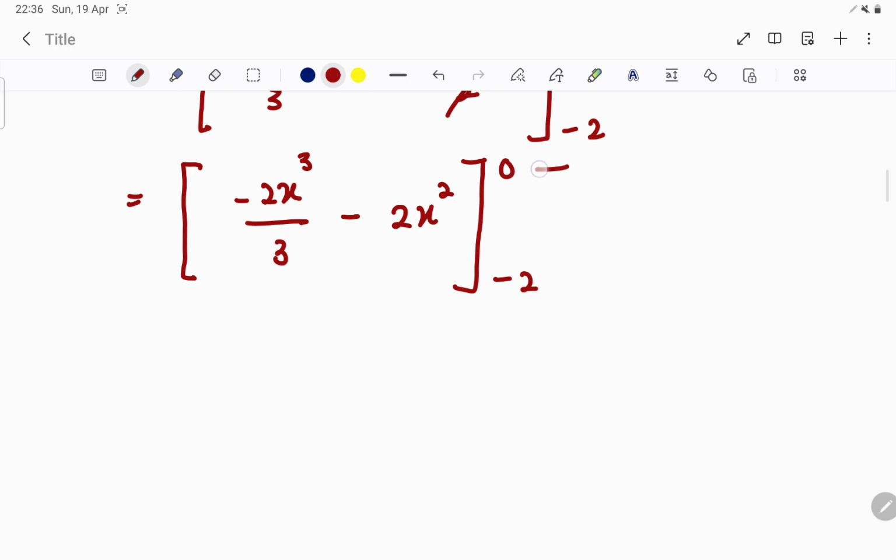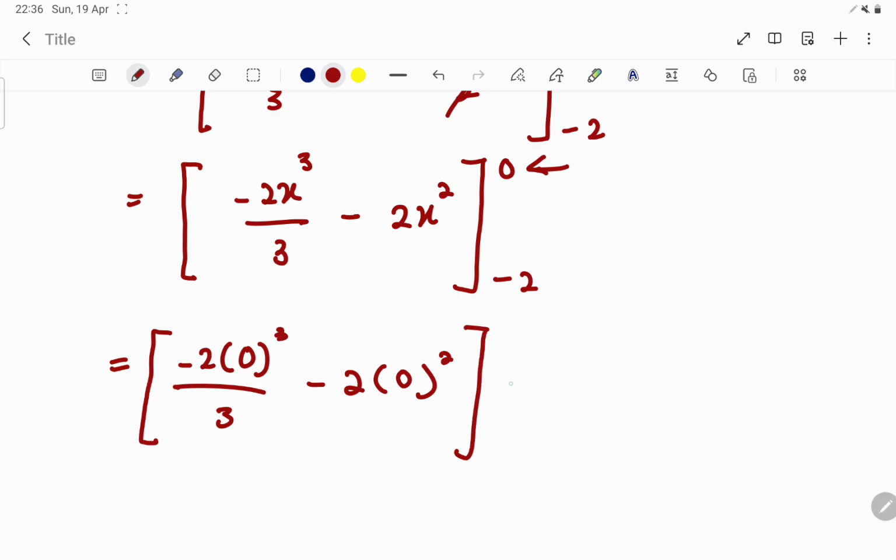So what you have to do is substitute 0 into the upper limit. Here you get negative 2 multiplied with 0 to the power of 3, divided by 3, minus 2 multiplied with 0 to the power of 2, minus, you substitute the lower limit.